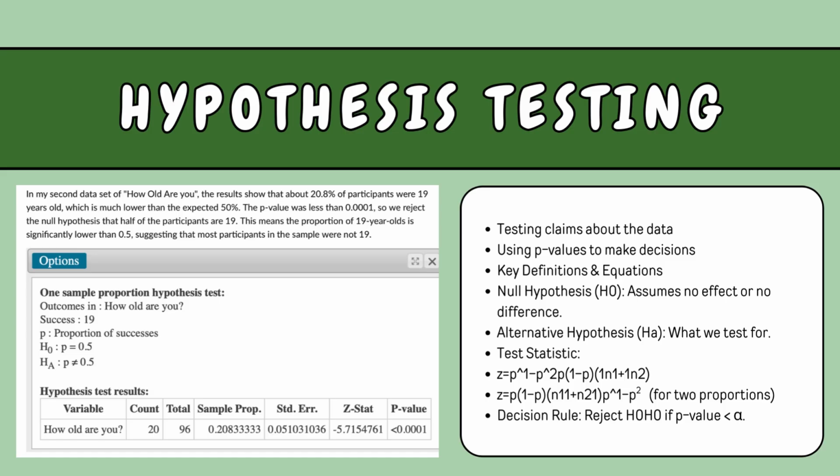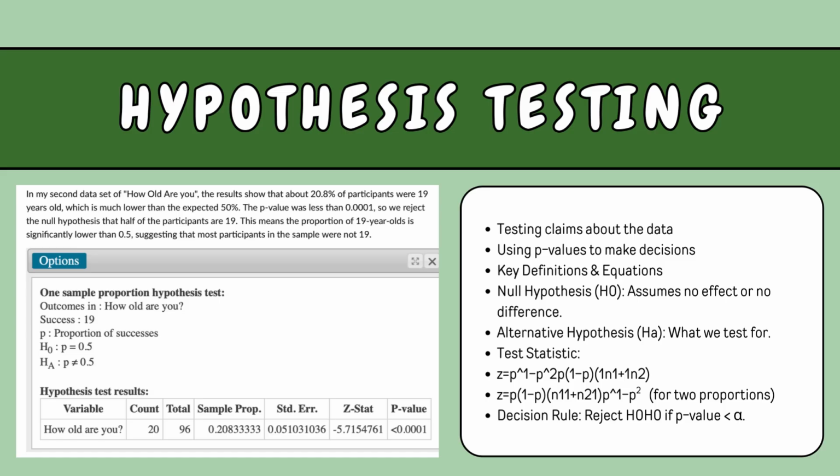Some real life examples would be medicine. If we're testing a new drug, and if it works better than standard treatment. We could also apply this to education, like testing if a new teaching method is actually improving scores.